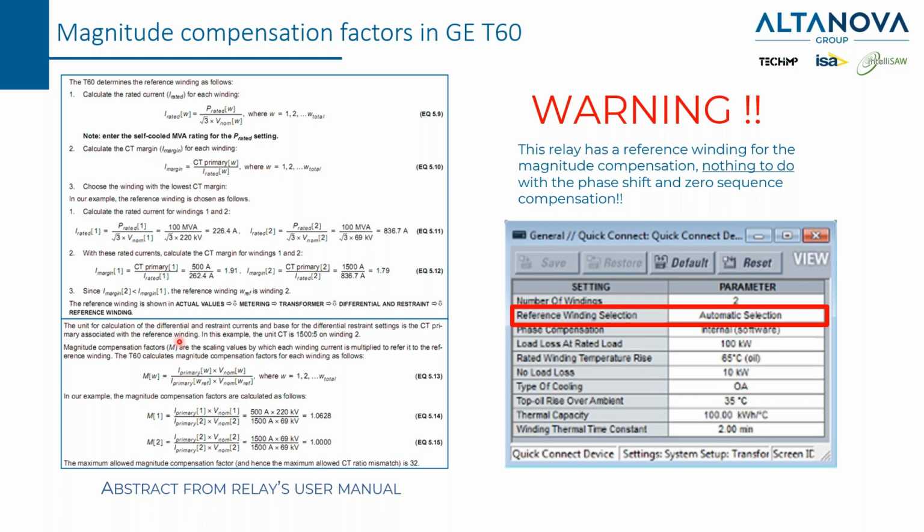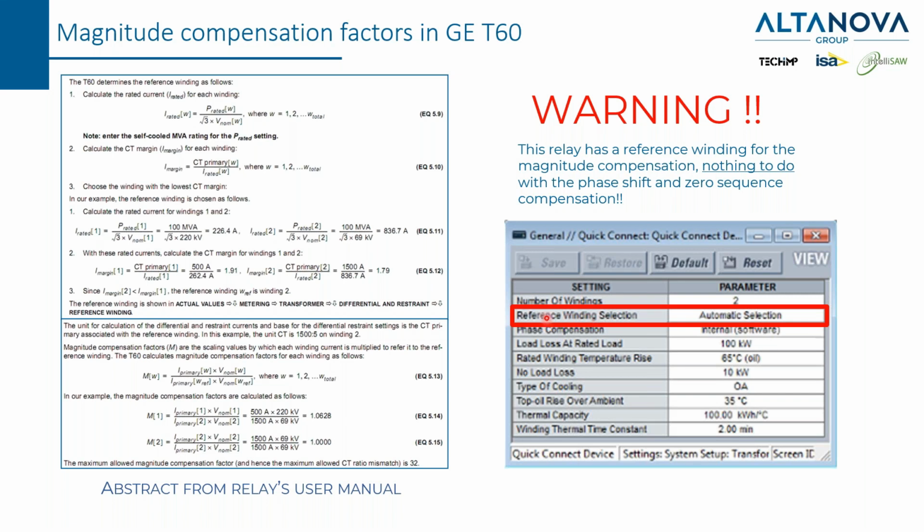The end value of these compensation factors also depends on this parameter. It's called reference winding selection, but please don't be confused by the name. This reference winding is not for the phase compensation. For the phase compensation, you have to consider this one, where it's written phase compensation. This reference winding is only for the magnitude compensation.